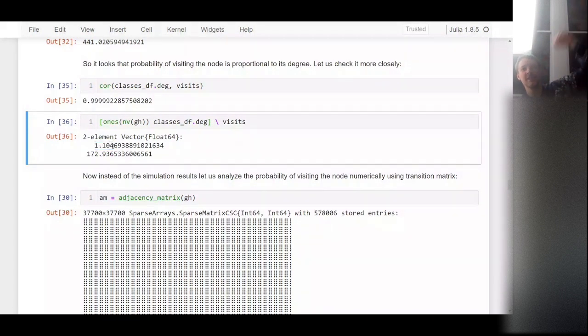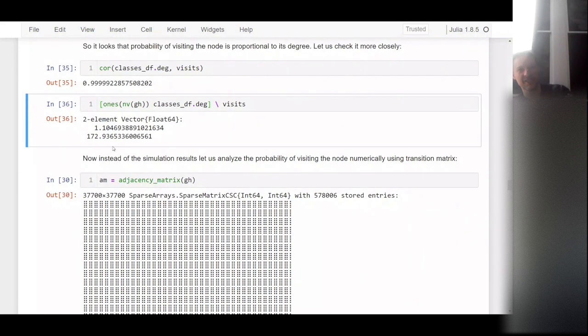So we really have a relationship: number of visits equals alpha times degree. Yes, so this is a proportional linear relationship, which means that we have now verified by simulation that this is indeed the case. But verification by simulation, as you just mentioned, has one drawback.